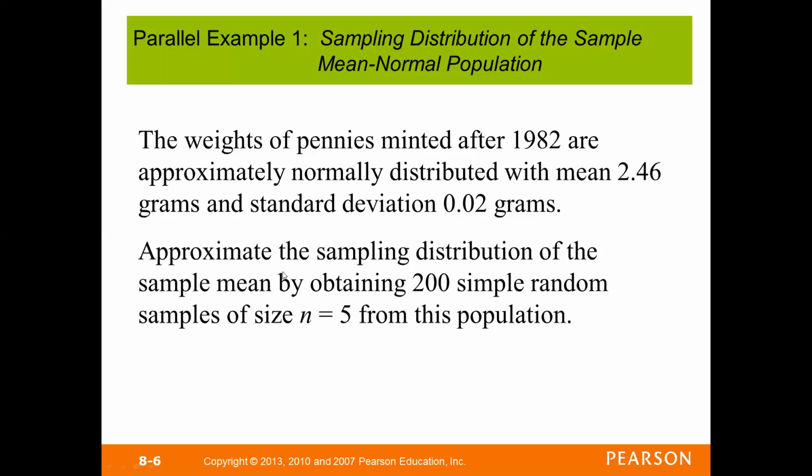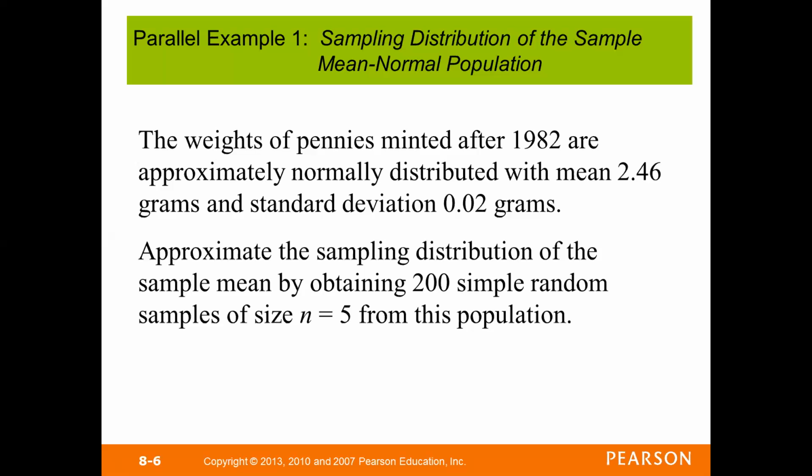So again, we're going to take 5 pennies, we're going to weigh them. From that weight, we'll get a sample mean. Once we've done that process 200 times, we'll have a set of data that has 200 numbers in it. Each one of those numbers represents a sample mean.